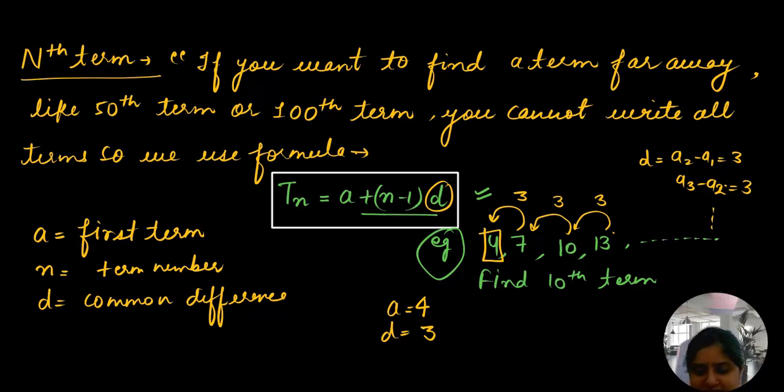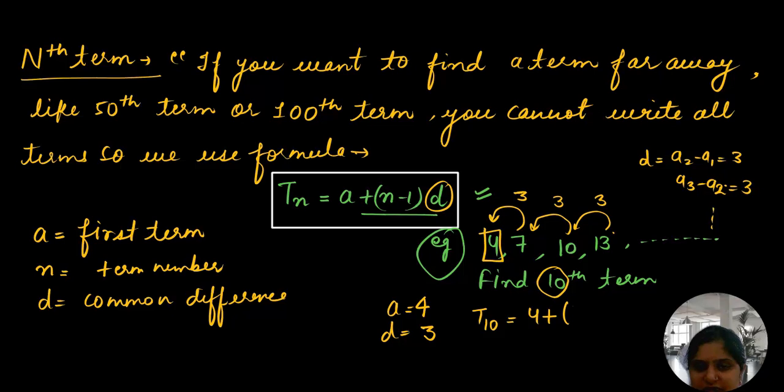Now we can easily apply it, because we have to find the 10th term. So use this formula, Tn, T10. In place of n I'm writing 10 because we have to find the 10th term. A plus n minus 1 times d. How many total terms are there? Can you tell me?